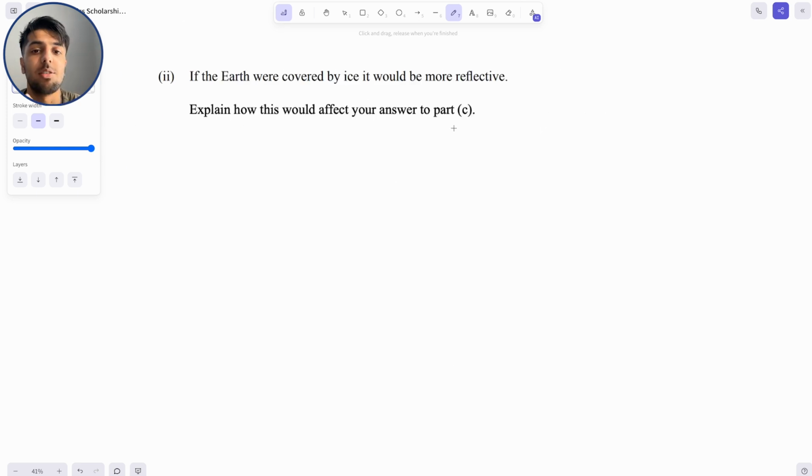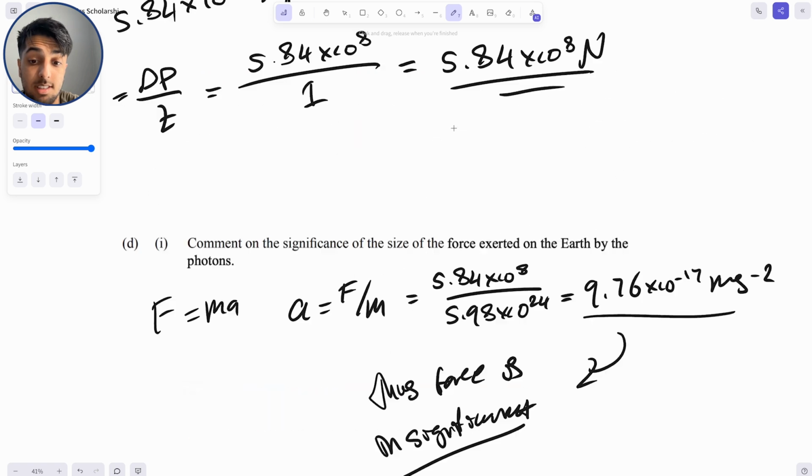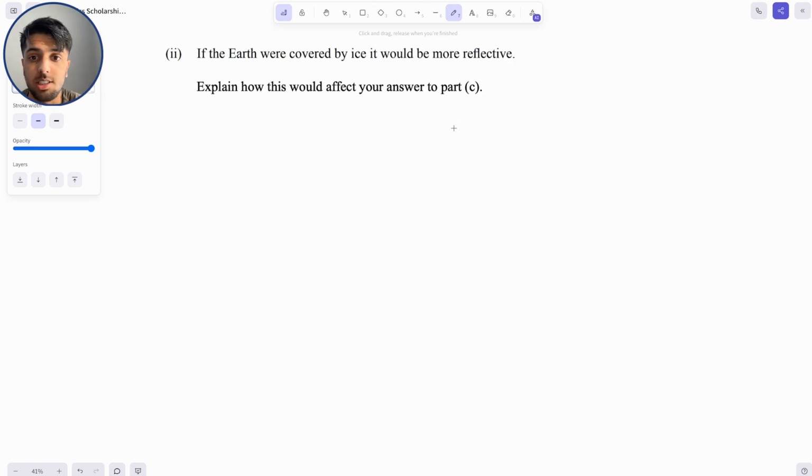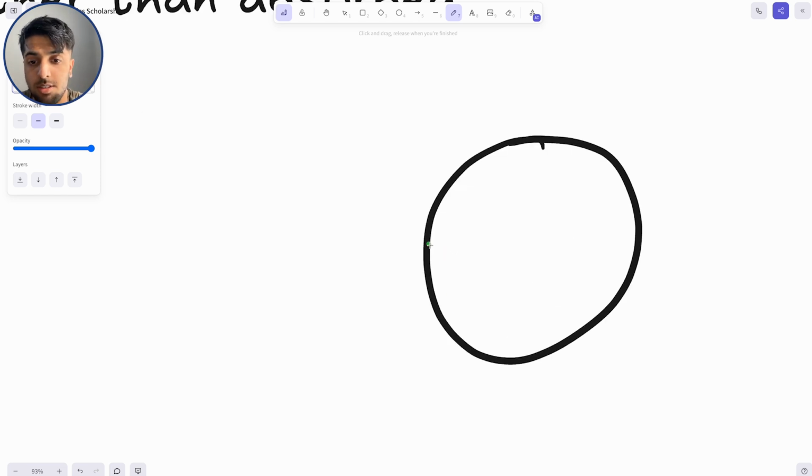Right, okay, if the Earth was covered by ice, it would be more reflective. Explain how this would affect your answer in part C. So if the Earth was covered in ice, the photons would reflect rather than be absorbed. A key idea here is, when we have our Earth, we can draw in another spectacular Earth.